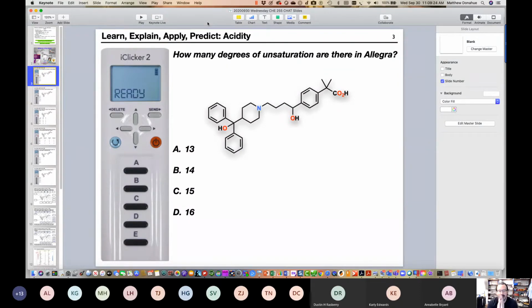Or no, sorry, it is not. It is not A. I got caught up in the chat peer pressure. As we see it, it is B. I think it's 14. So we have 4, 8, 12, and then this is 13. And then here's number 14 buried in the acid. The way the acid is communicated to you, you don't necessarily see the carbonyl, but it's there, and it's 1 degree of unsaturation.